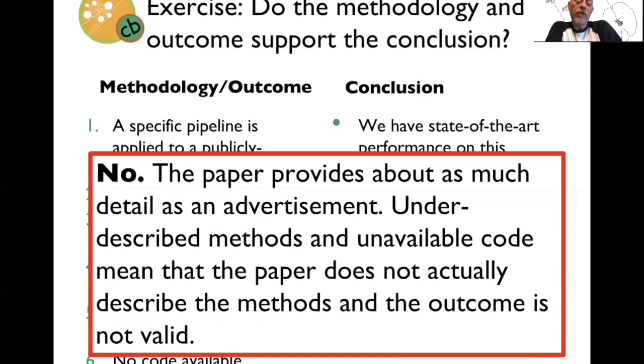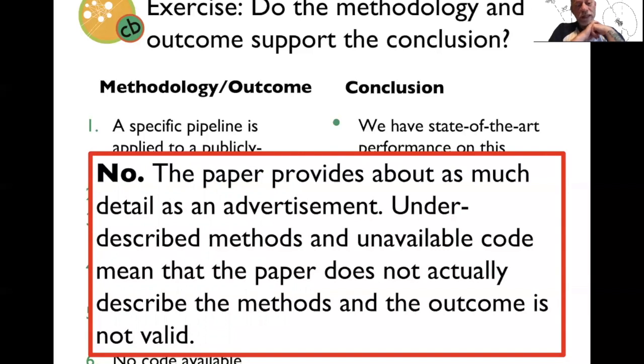Because the paper provides about as much detail as an advertisement for a product. Under-described methods and unavailable code mean that the paper does not actually describe the methods. You have to ask then, is the outcome even valid in the scientific sense? Does it answer the question that the paper is at least implicitly asking?